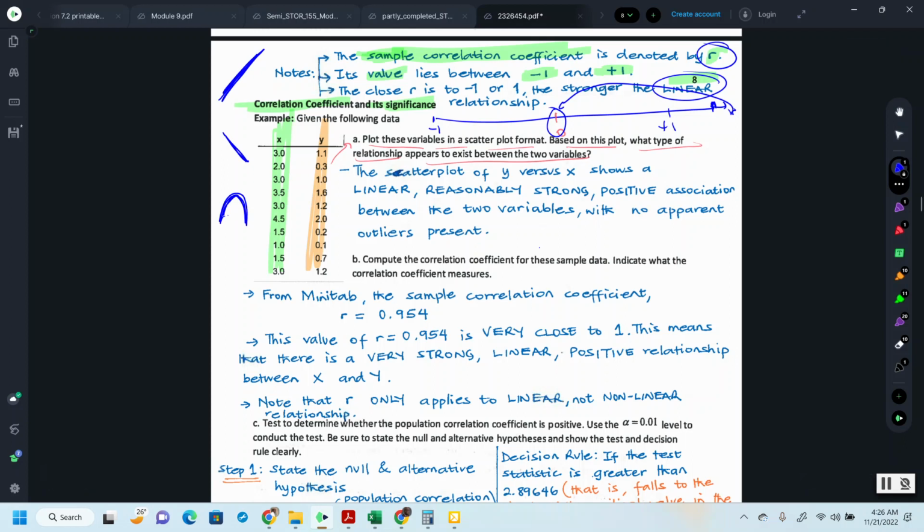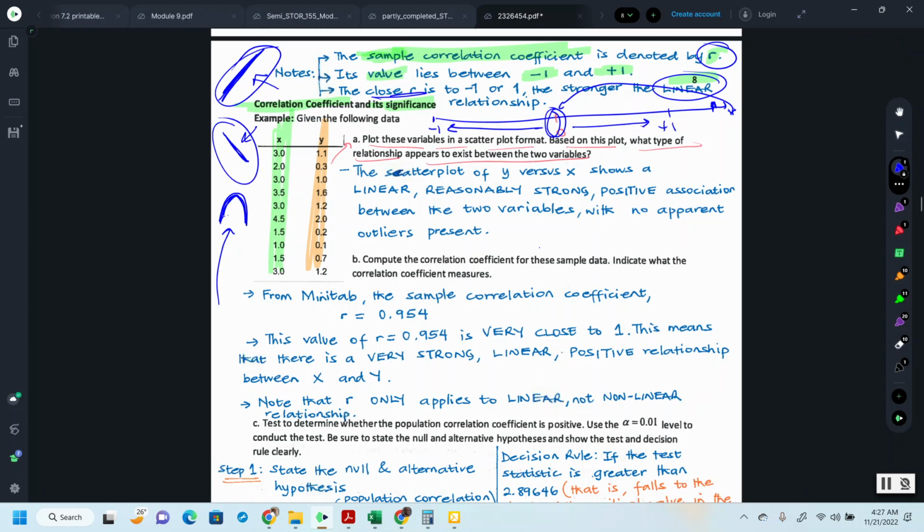So when your r equals 0, it simply means that there is no positive or negative linear relationship between y and x. It does not mean that there is no curvilinear relationship. With that said, the closer the value of r is to +1, the stronger the positive relationship. Or, the closer r is to -1, the stronger the negative relationship.